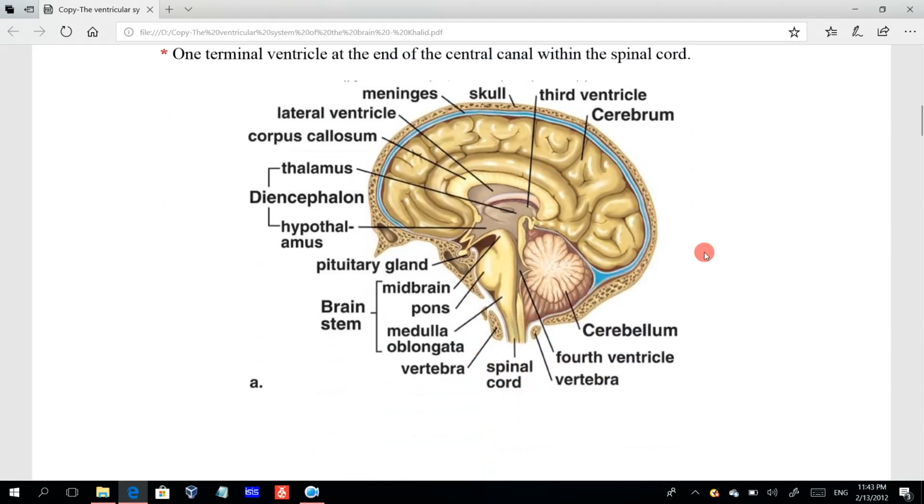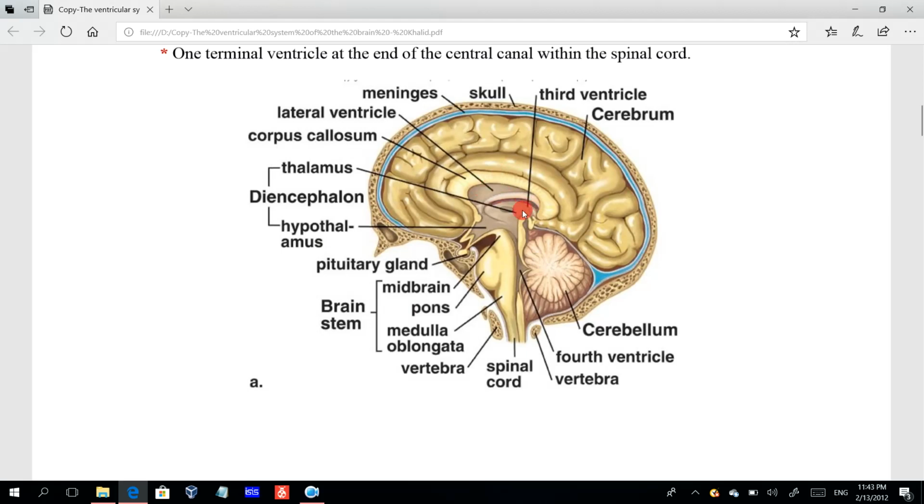Here we have a picture showing the brain, and this is the cerebrum, and this is the cerebellum, and of course this is the corpus callosum that connects the two hemispheres, the right and left. We also have the midbrain, the pons and the medulla oblongata, and here the start of the spinal cord and the foramen magnum. Here we have the lateral ventricle.